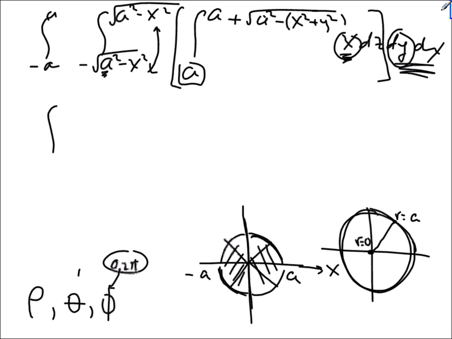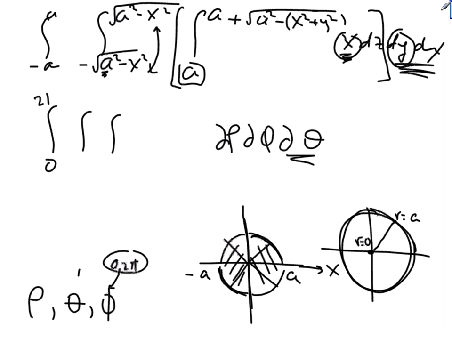So that's a little bit helpful because we want theta last, so I know the outermost limit goes from 0 to 2 pi. Now, we just did this one in the last video, x, dz, dy, dx. That's rho cubed sine squared phi cosine theta. If you figure out how we got that, just back up the video.